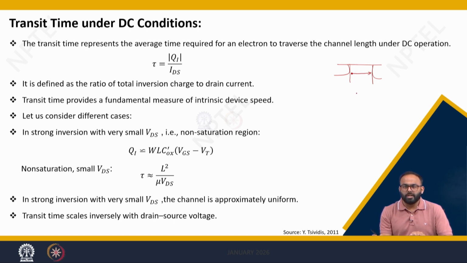That is what is in general defined as transit time, which we have already defined in our earlier lectures, where tau can be defined as mod of Q divided by IDS in different conditions. The transit time provides a fundamental measure of the intrinsic speed of this MOSFET.